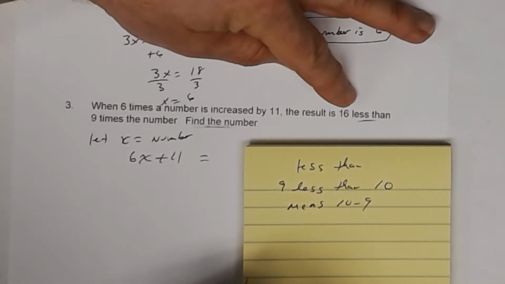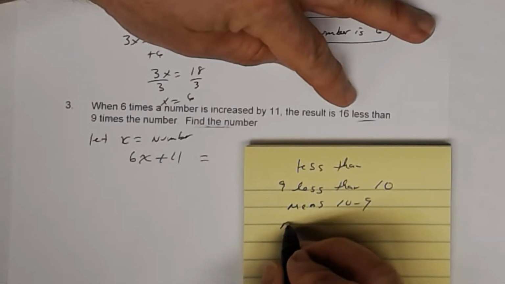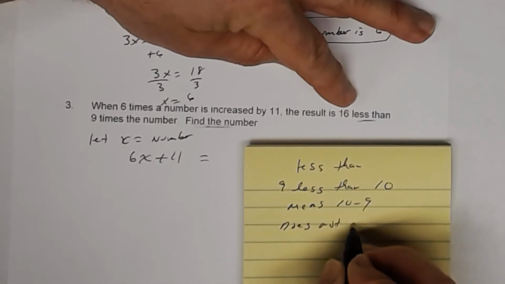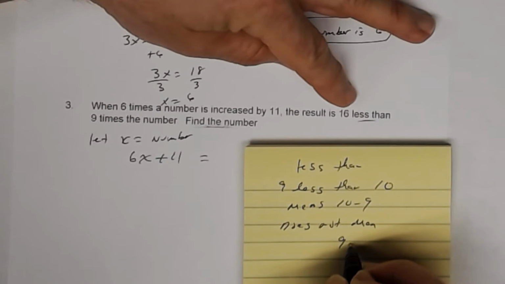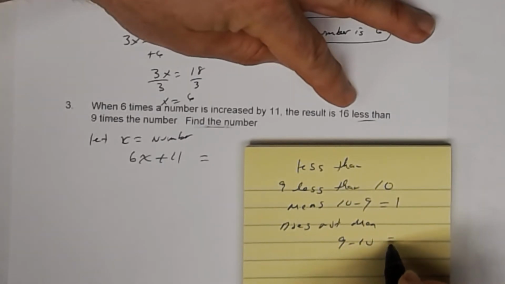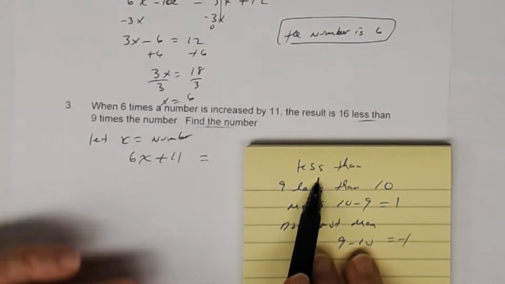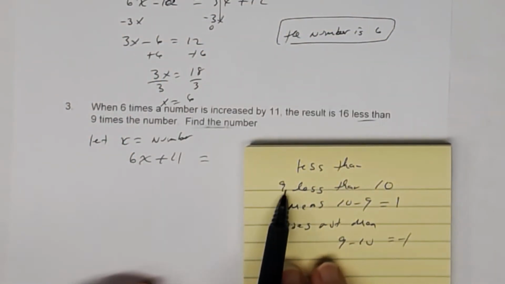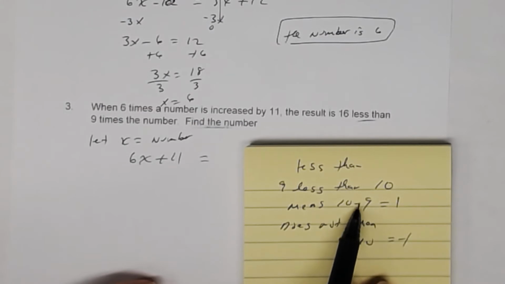That's what that means. Okay? So you got to be careful. It does not mean 9 minus 10, because 10 minus 9 is 1. 9 minus 10 is negative 1. So when you see the word less than, when you see the word 9 less than, always put that subtraction in the back.